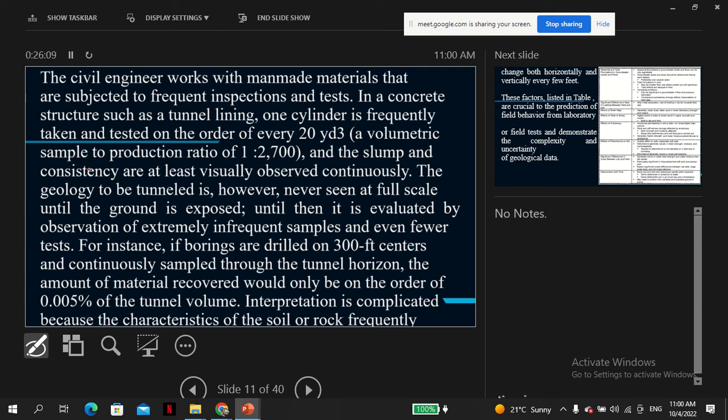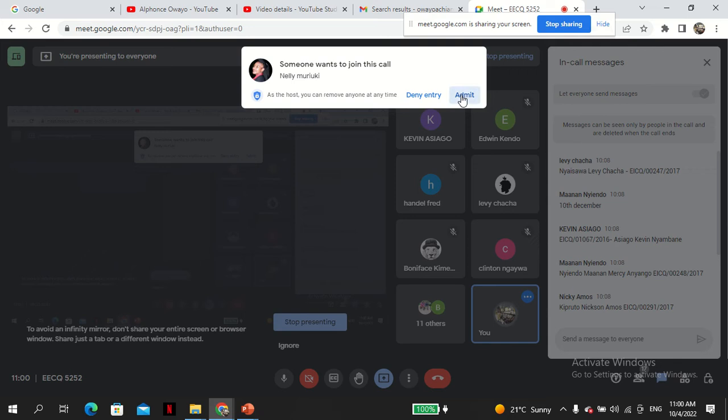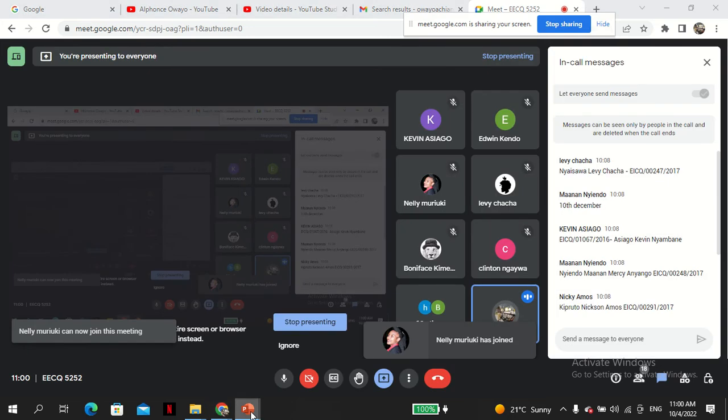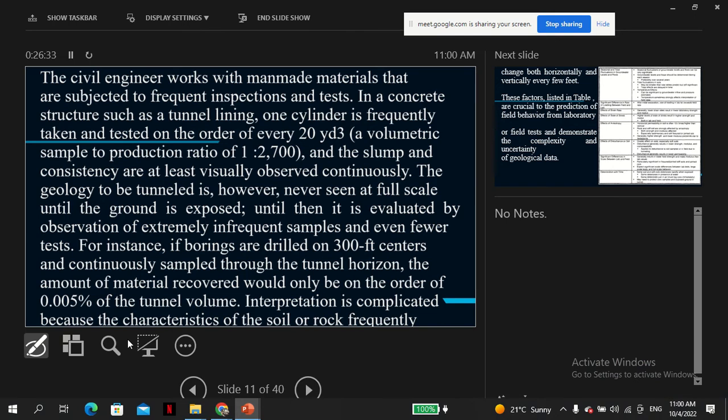So, for instance, if borings are drilled at 300 feet centers and continuously sampled through the tunnel horizon, the amount of material recovered would only be in the order of 0.05% of the tunnel volume.